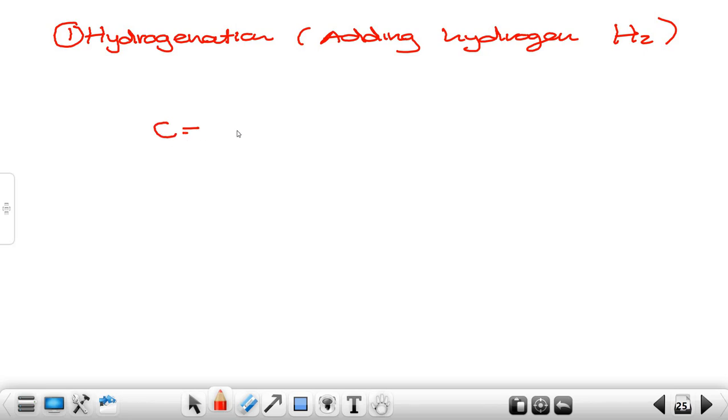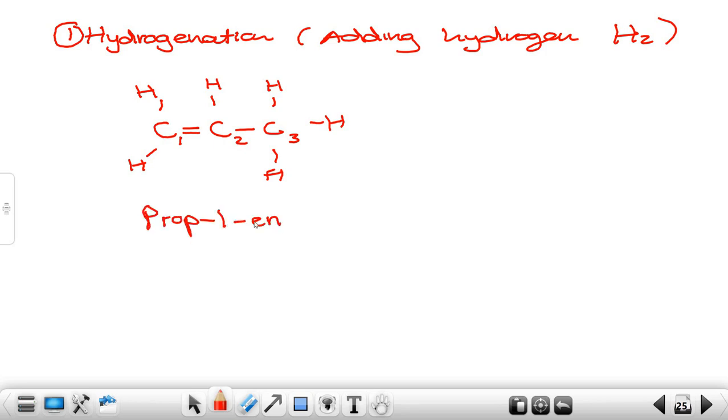So if we have, this is carbon 1, 2, 3, so this is prop-1-ene. Propene is still fine, but let's get used to the numbers.